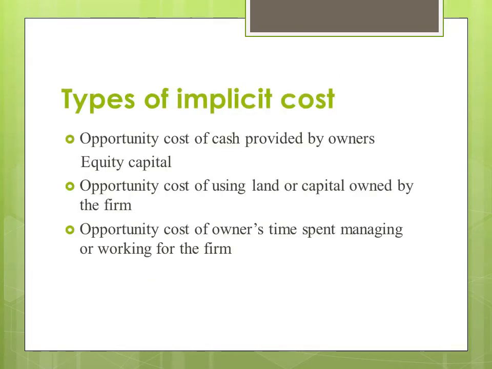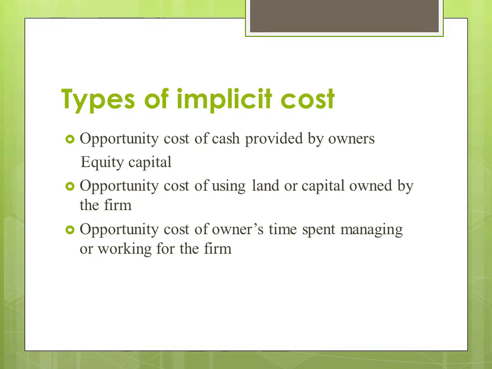Hence, types of implicit cost. Implicit cost, as I said in previous slides, is on home, on car, on factory. There is no payment for these costs because in implicit cost we talk about ownership, and opportunity cost is the loss of the other alternative when one alternative is chosen, the next best alternative foregone.